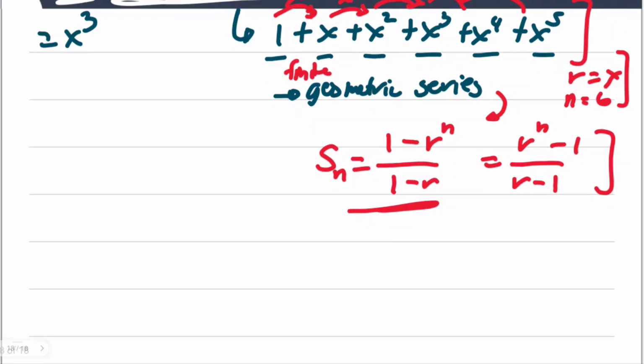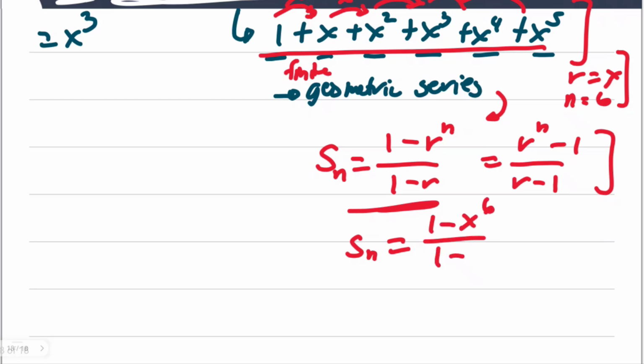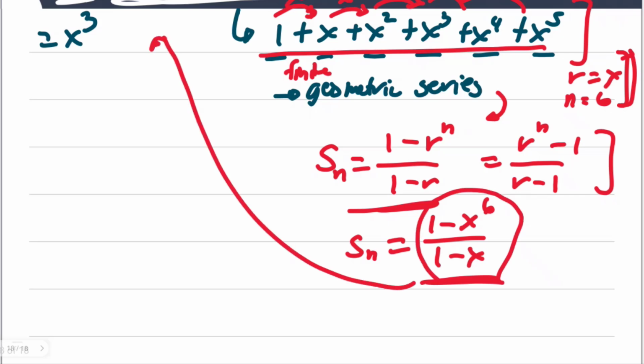So with that, I'm using the first one. The sum can be represented by 1 minus x to the power of 6 over 1 minus x, as this is our form here. Now, with that, let's try to use this sum as this factor here.